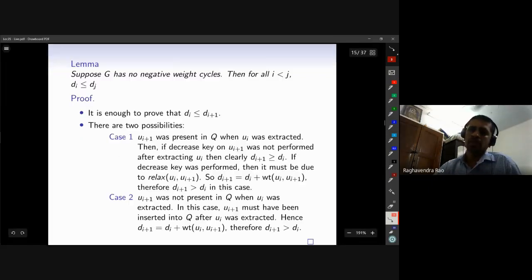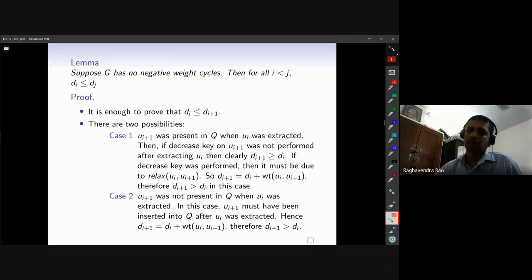So the first lemma is the following. In all these, we'll assume that there is no negative weight cycle. If you look at the order in which vertices come out of the queue, we can argue that the distances, if at all, increase.